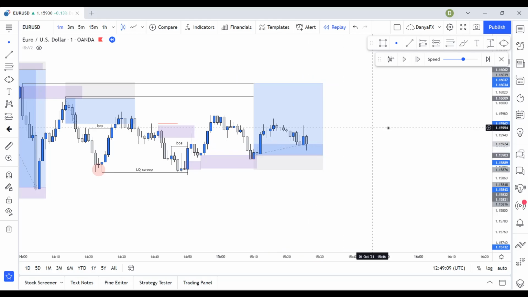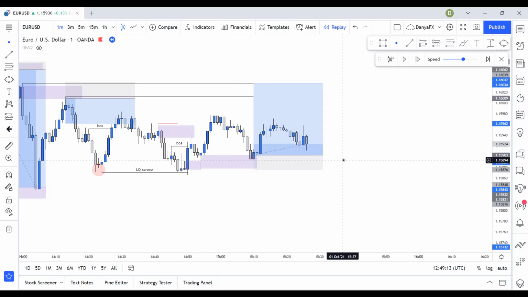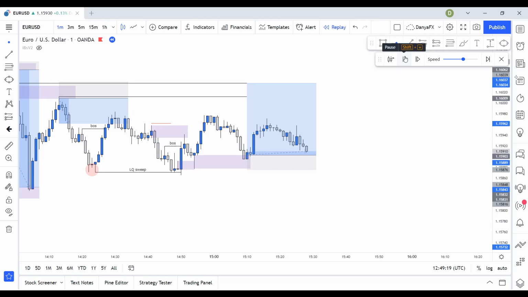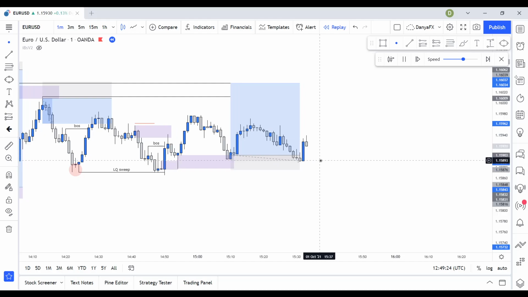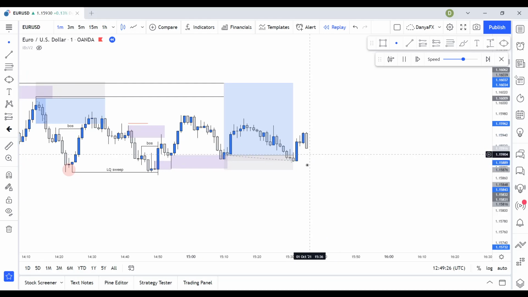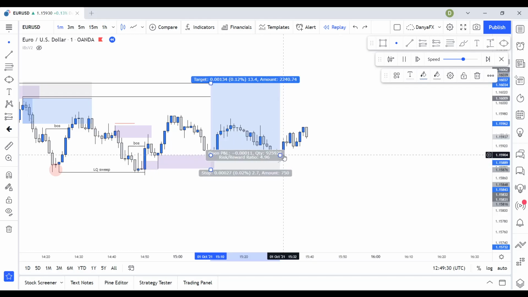It comes back. As you can see, it's demand to supply to demand. And then we mitigate our demand once again. We take the liquidity out.